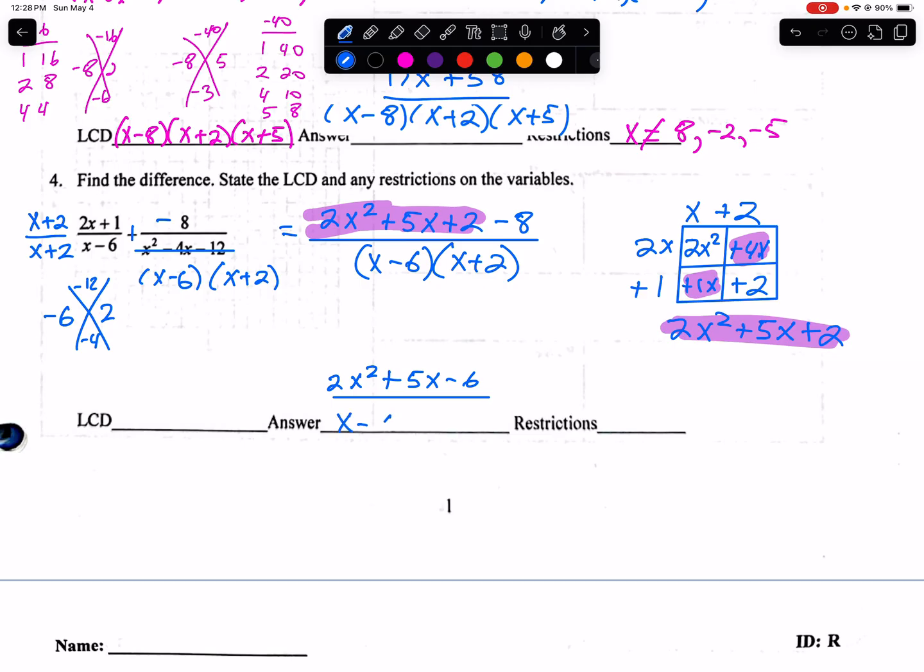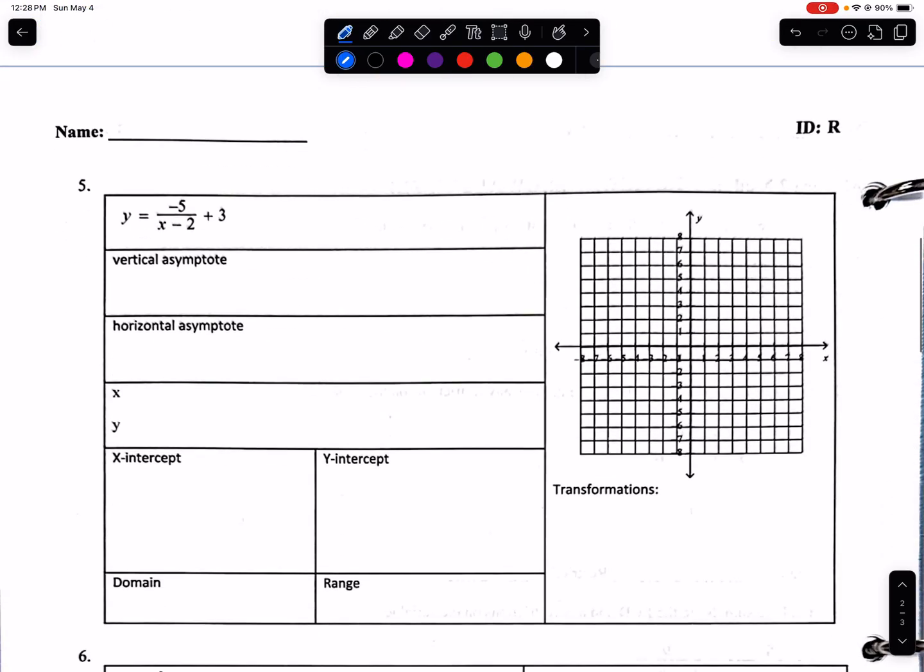Good. So you got everything perfect, sweet.